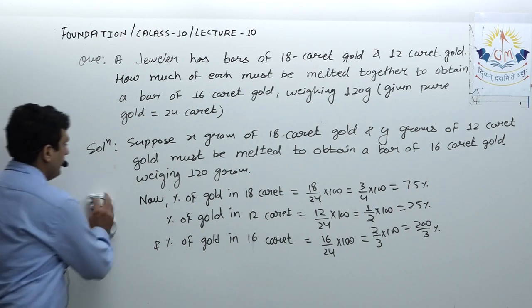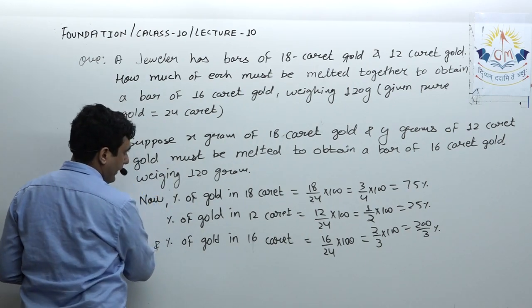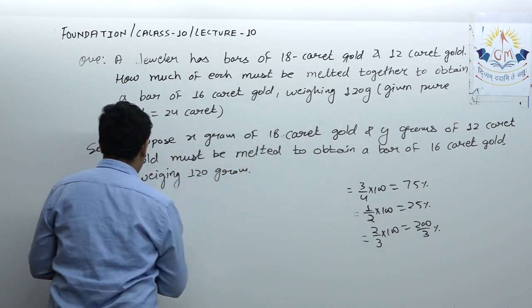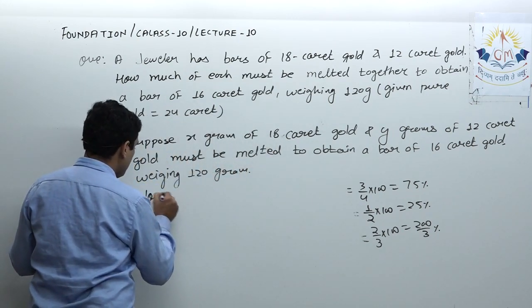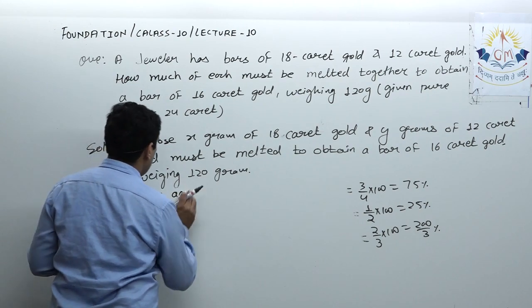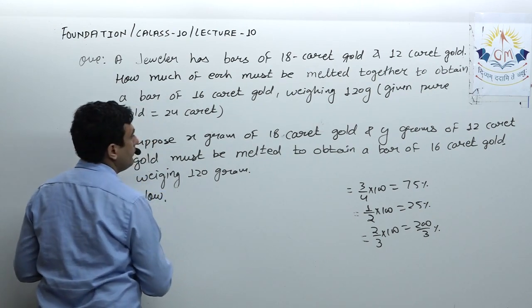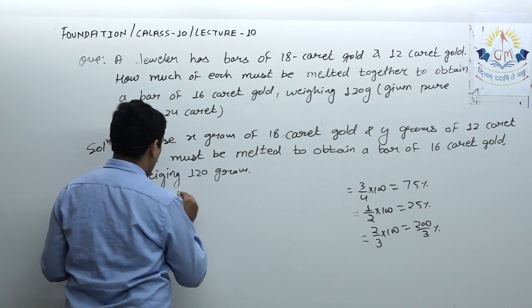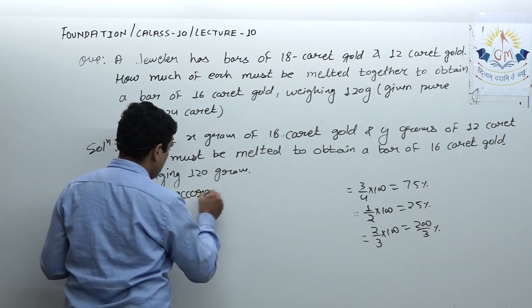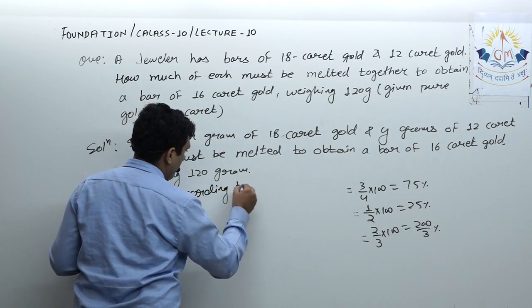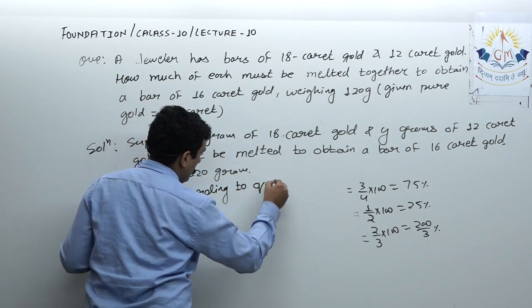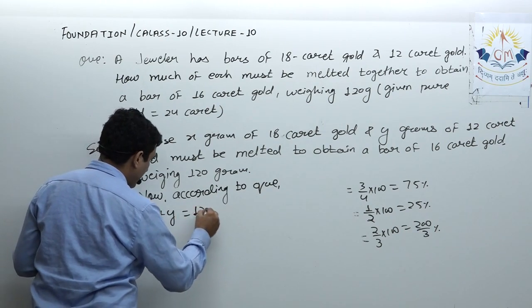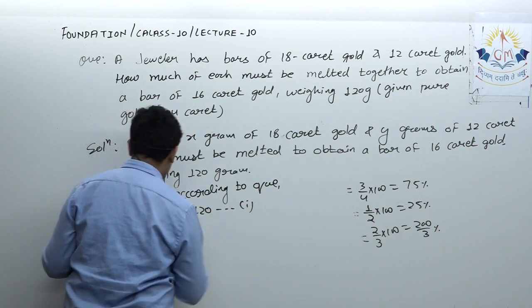Okay, so now we'll write the equations. Now according to the question, first thing I can write X plus Y equal to 120 gram, that is equation number 1.